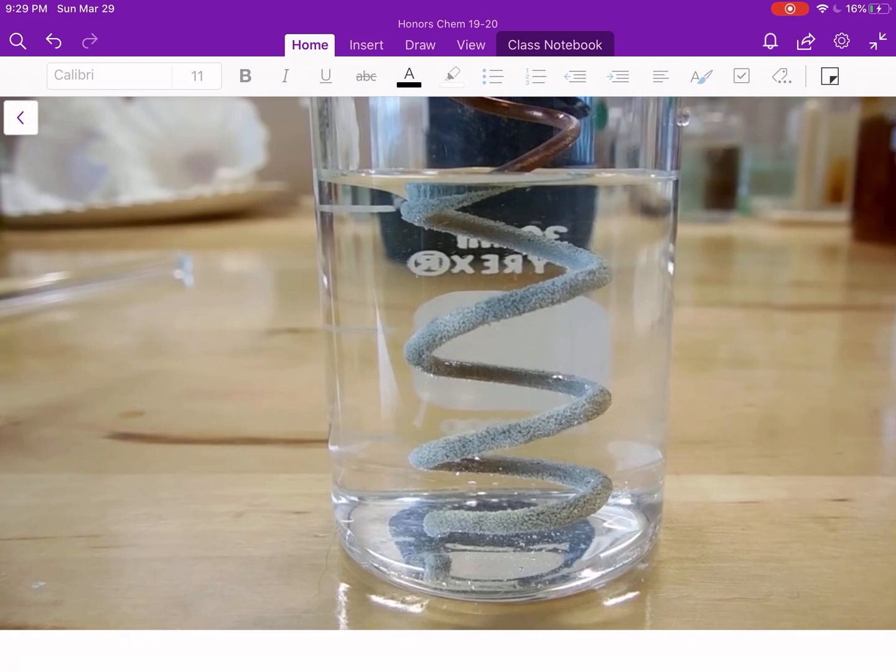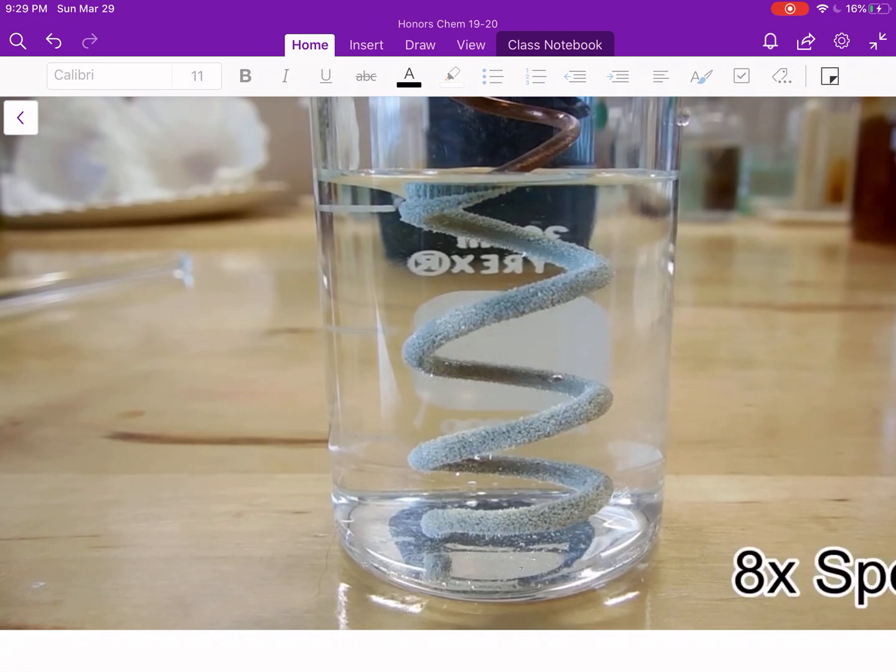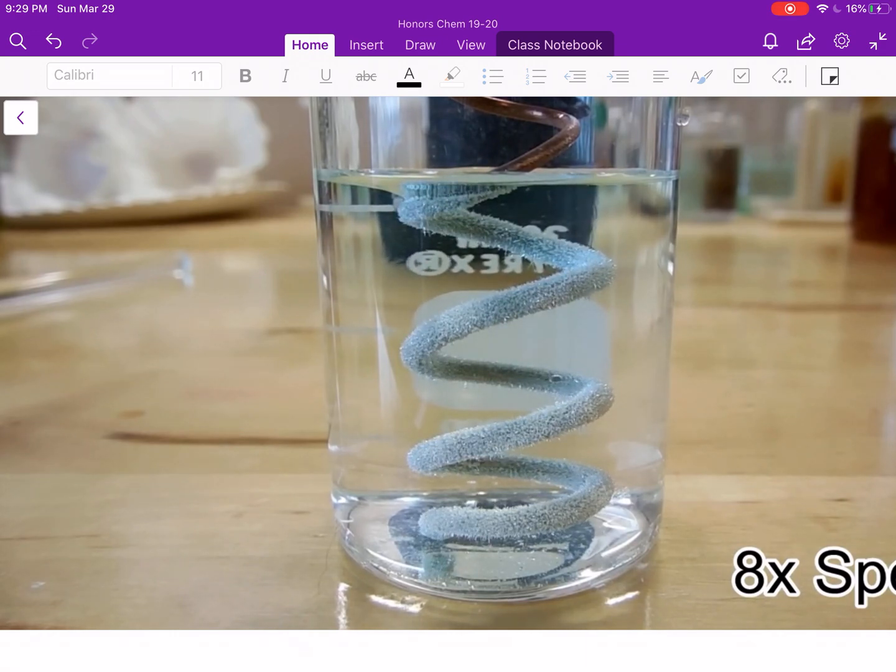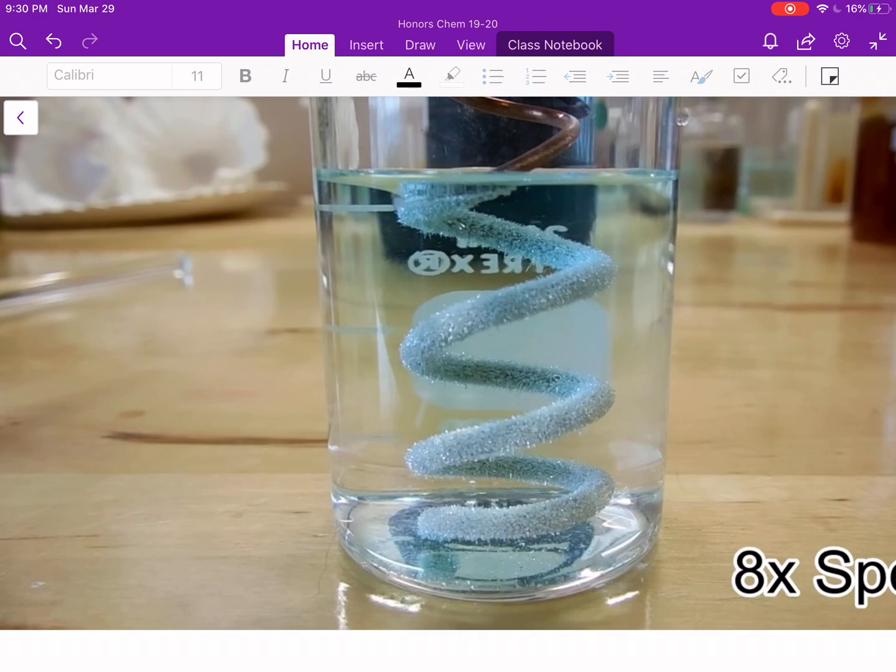And what that actually is, as we look at this, is the silver metal that's actually coming out of solution. If we speed it up a little bit, we can see that the solution is also going to start to turn blue, because copper ions, when they go into solution, actually have a bluish color.